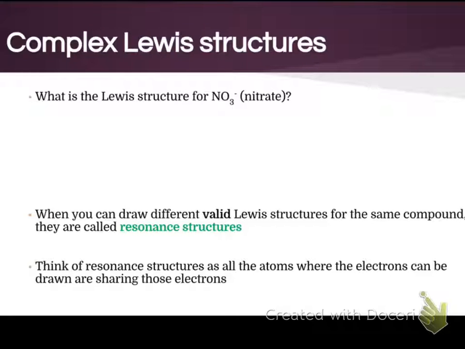All right, so nitrate is one of the polyatomic ions on the back of your periodic table. And we said that the first element is usually the central element, so I'm going to write that down first. Nitrogen is in group 15, so therefore it has 5 valence electrons. And I can see that this nitrogen needs 3 more to have the stable octet that it's looking for.